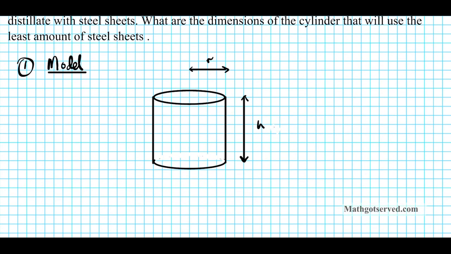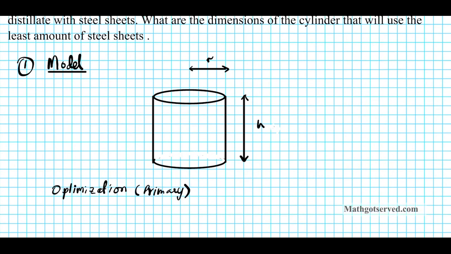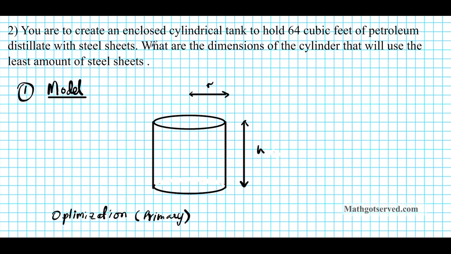Okay, let's start off with our optimization or primary function. So what are we optimizing in this problem? We're asked to determine the dimensions that use the least amount of steel sheets. So what are the steel sheets used for?